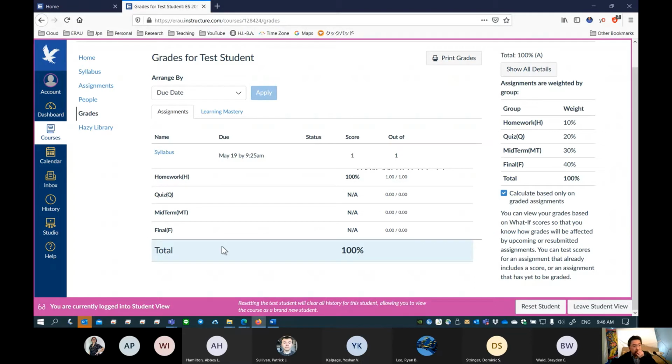As soon as I know, I will let you know, okay? It's very simple. Homework is 10%, quiz is 20%, midterm 30%, final 40%. So it progressively gets heavier toward the end of the semester. Okay. All right. Do you have any question about Canvas?